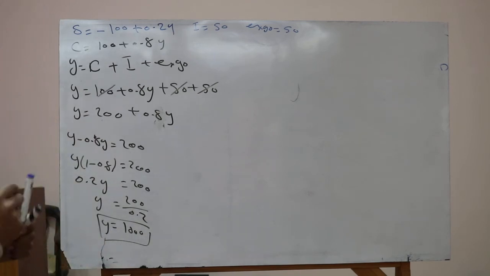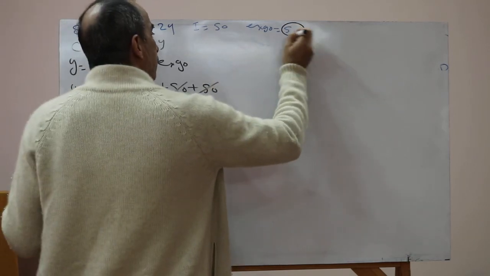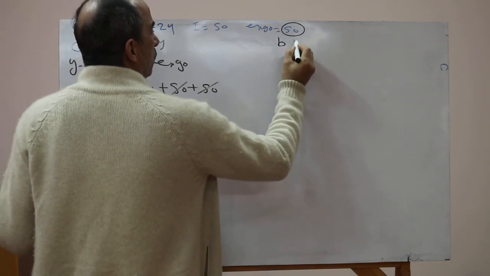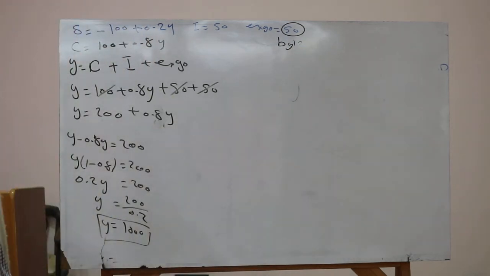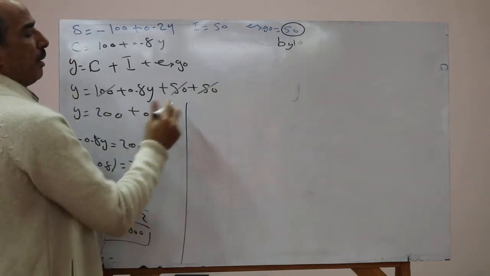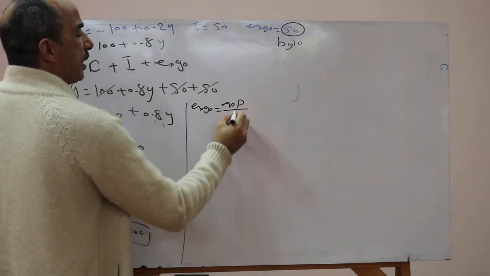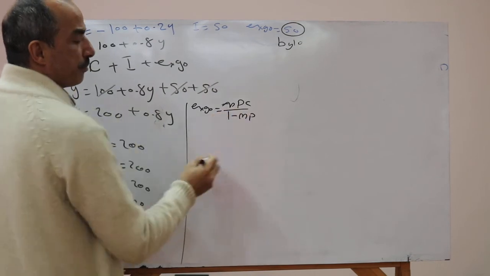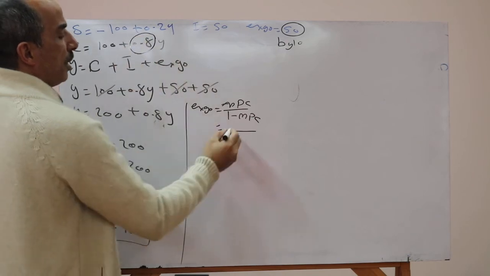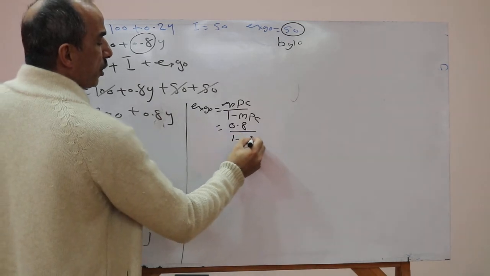Okay, now what is the effect of increasing the government expenditure by 10 million? Government expenditure multiplier equal MPC out of 1 minus MPC. MPC equal 0.8, out of 1 minus 0.8, equal 5.